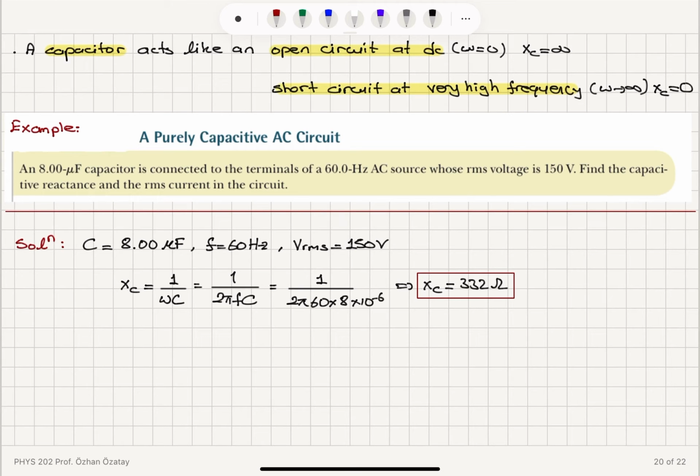And what is the RMS current? The RMS current is the RMS voltage divided by the capacitive reactance. So this is a purely capacitive circuit. I have the RMS voltage 150 volts divided by 332 ohms, giving me an RMS current of 0.452 amperes.